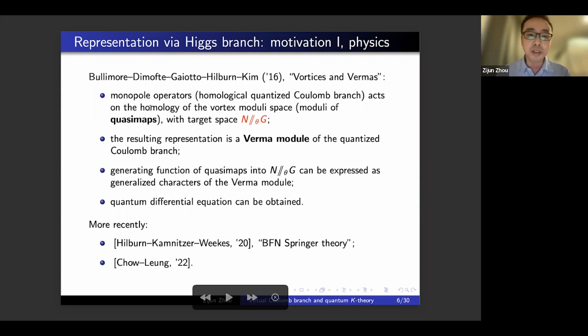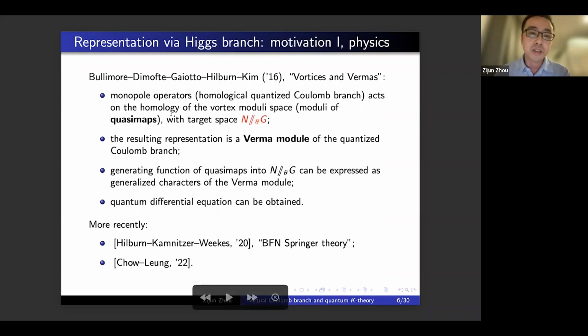The homology of the moduli of quasimaps, where the target of these quasimaps is the GIT quotient of N by the gauge group G. So pay attention, it's a GIT quotient. It's not the hyperkähler quotient. So this space does not have a symplectic structure.